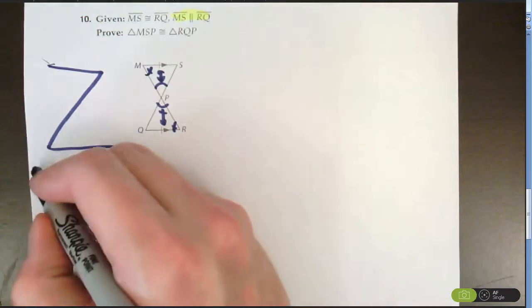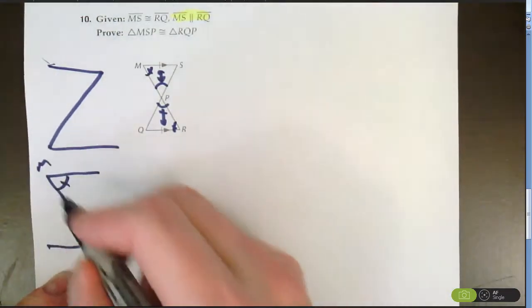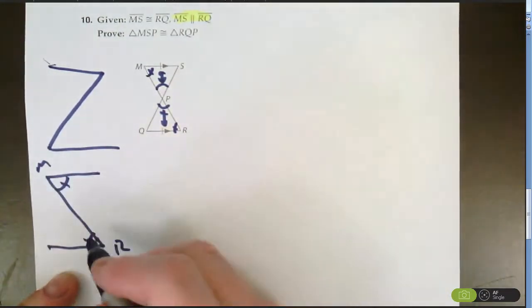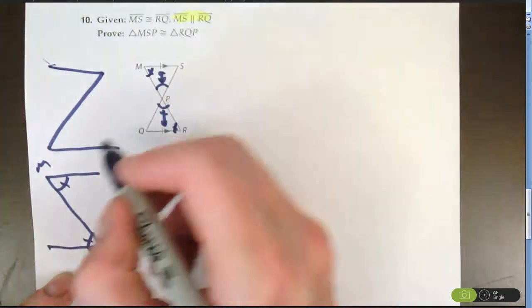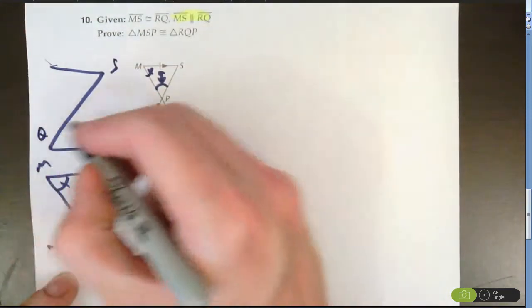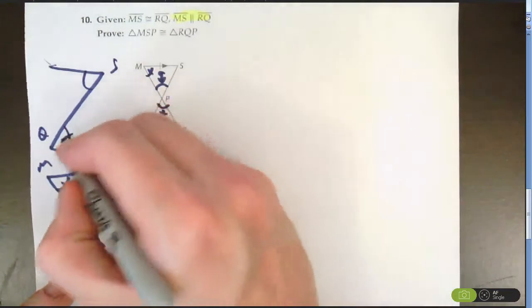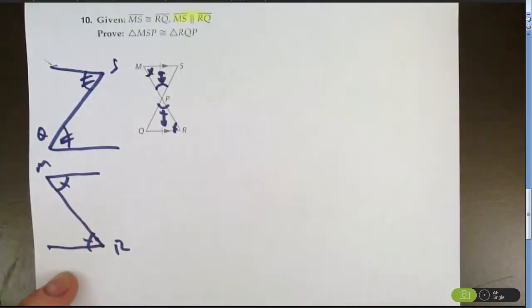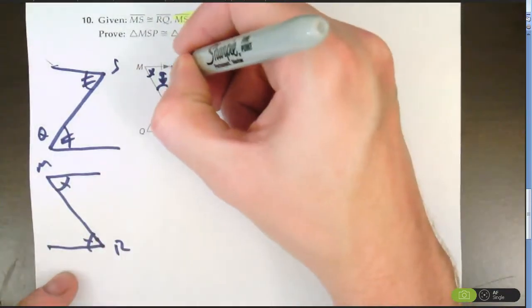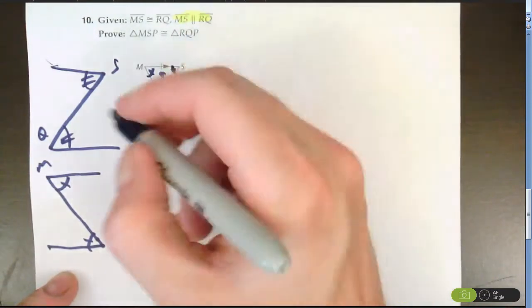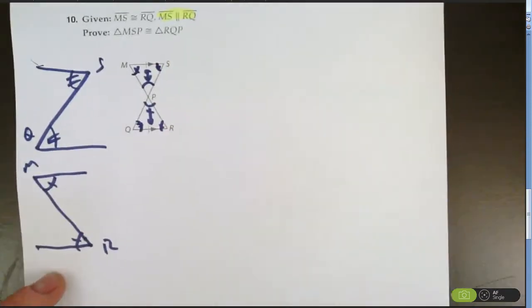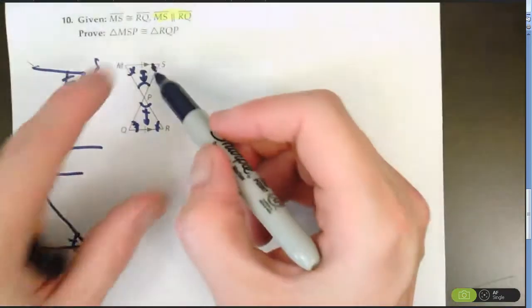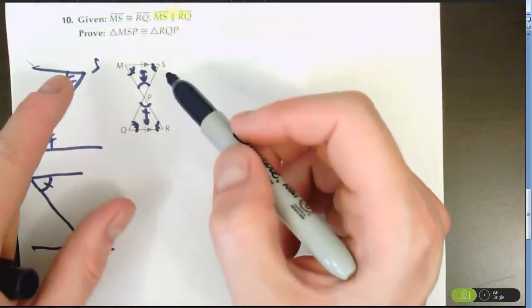If I do M and R, I'm using the backward Z. If I do S and Q, I'm using the forward Z. Sorry, S and Q. Yeah. So depending upon which pair of angles I use, I get a different angle angle side.